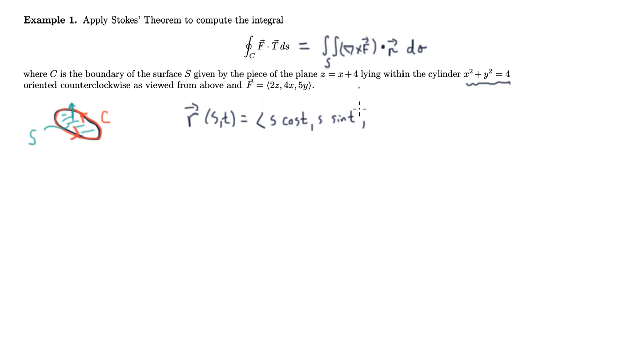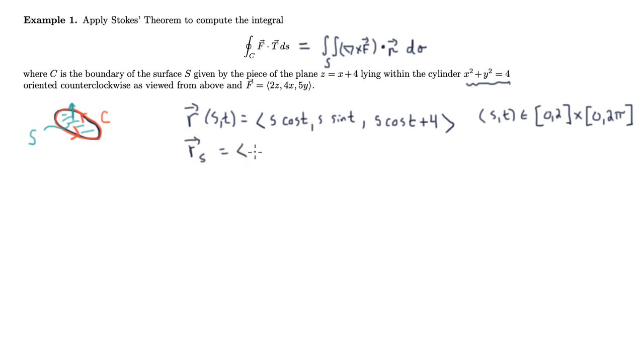And then z is x plus 4. Well, x is s cosine t, so this is going to be s cosine t plus 4. And this will be for s, t in the rectangle 0 to 2, so that's just the radius of the circle in the xy plane. And then t is like theta, so going from 0 to 2 pi. So let's find the partial derivatives.